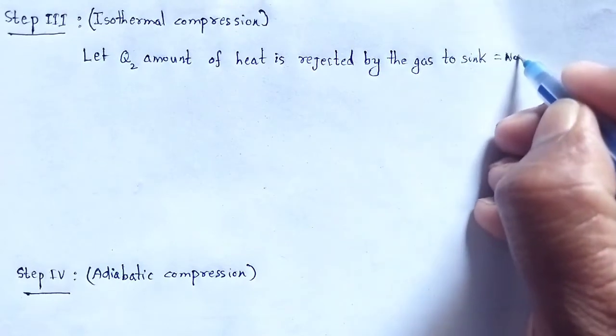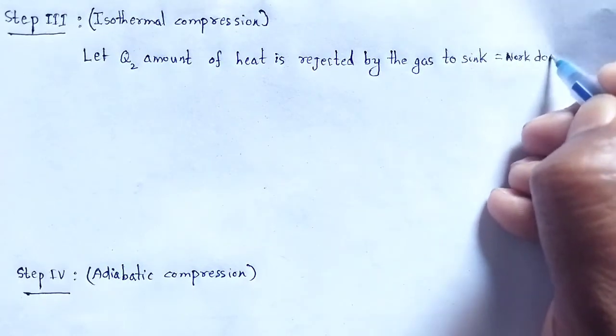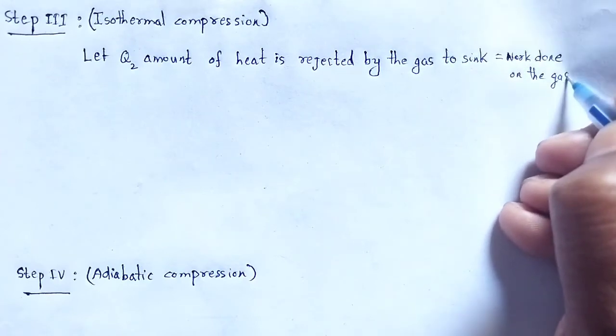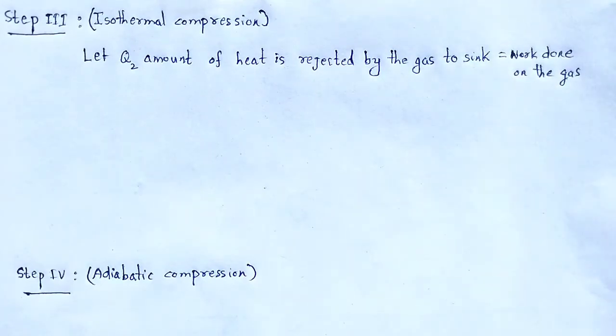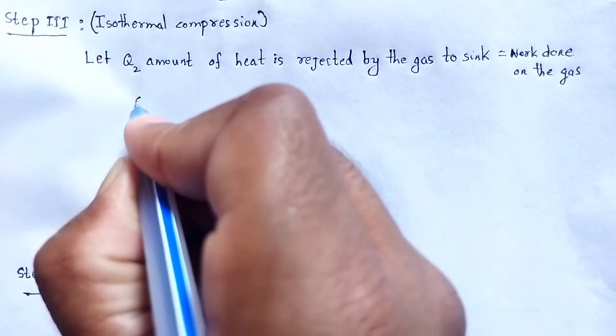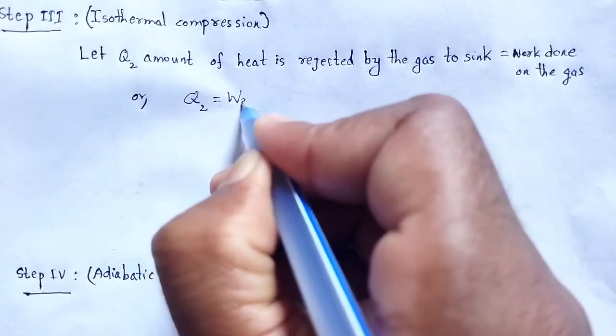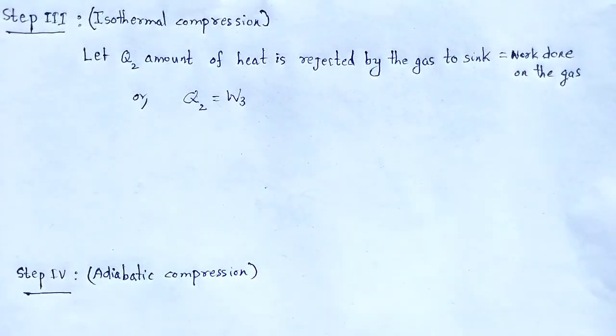In the previous one it was by the gas, but here this is the work done on the gas, that is Q2 is same as W3, the work done on the gas.